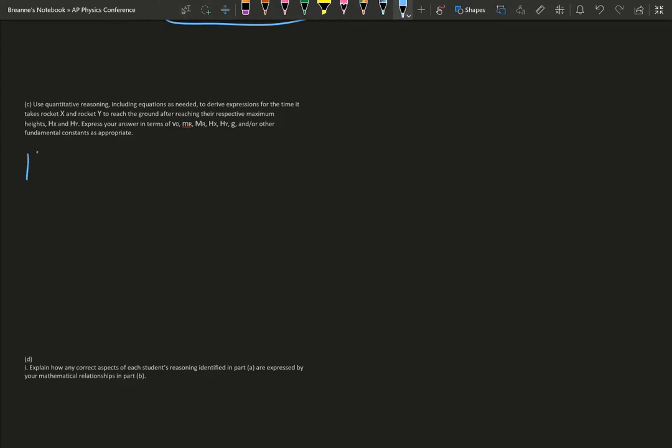We can use V naught, little mr, big mr, which is X and Y, and I like how this one specifically says we can use g, and then any other fundamental quantity.